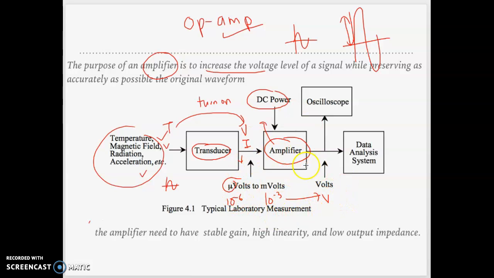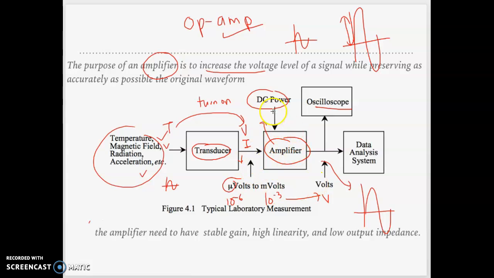In order to amplify the voltage, you need an amplifier. That's where this op-amp works. The output of this amplifier will be amplified from micro or millivolts to maybe a volt. To display your output, you need to use your oscilloscope. This is where the data will be analyzed.